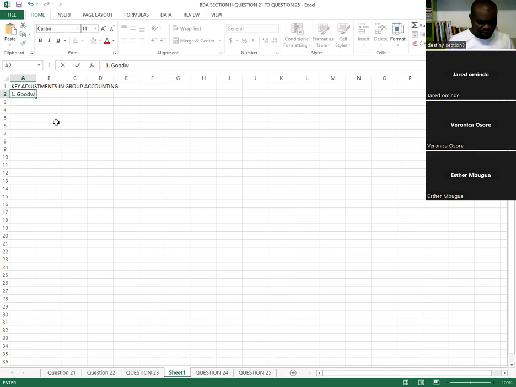Goodwill is a sensitive area to check. Number two, we shall check what is called unrealized profits on inventory. Also, we shall check the element of unrealized profits on fixed assets.